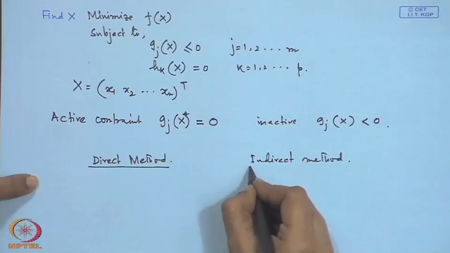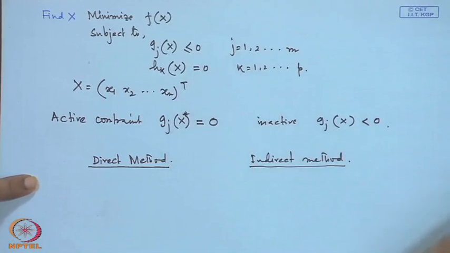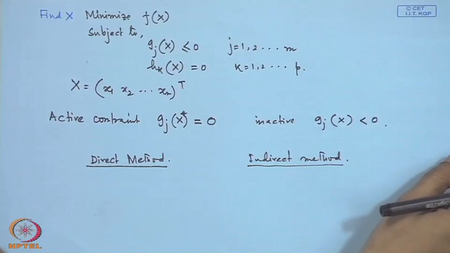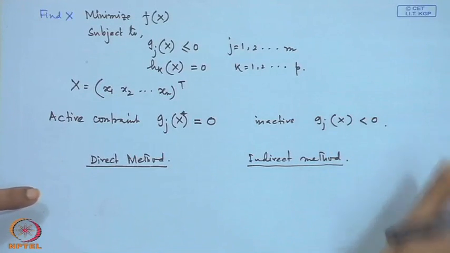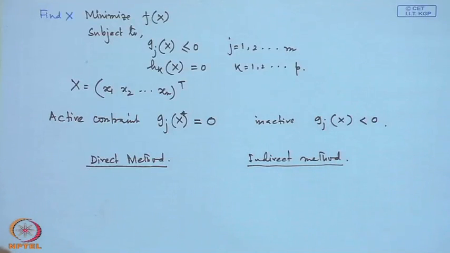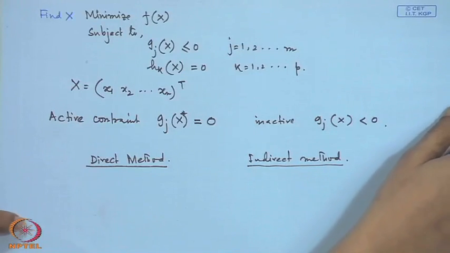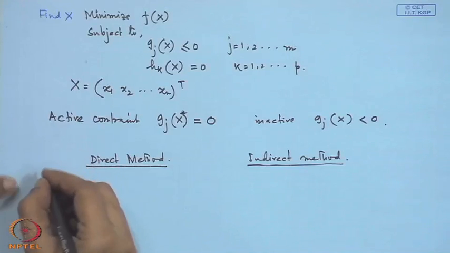The direct method considers the given nonlinear problem in an explicit manner, whereas in the indirect method, the given nonlinear problem is solved by a sequence of unconstrained minimization problems. In the direct method, a list of methods is available.